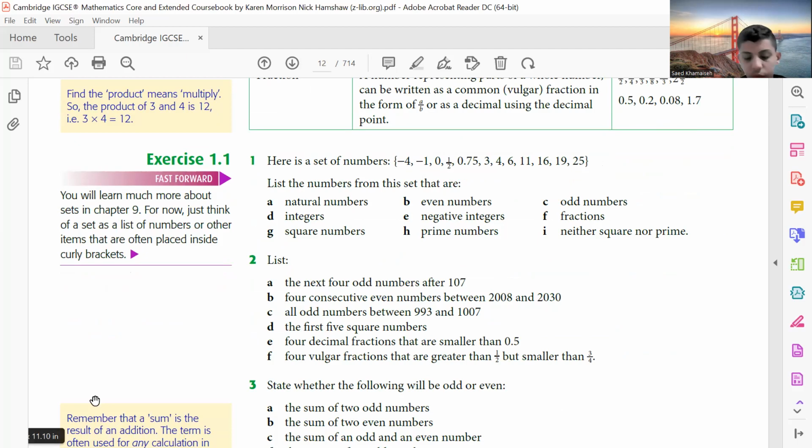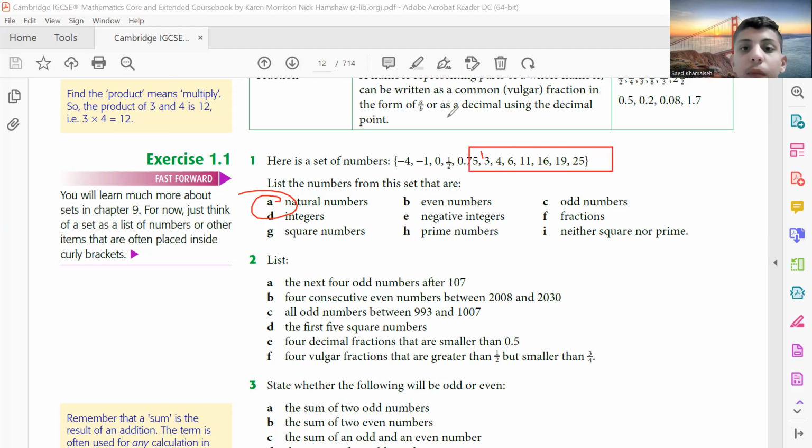For example, here in the first question, what are natural numbers? So numbers from 3 to 25.